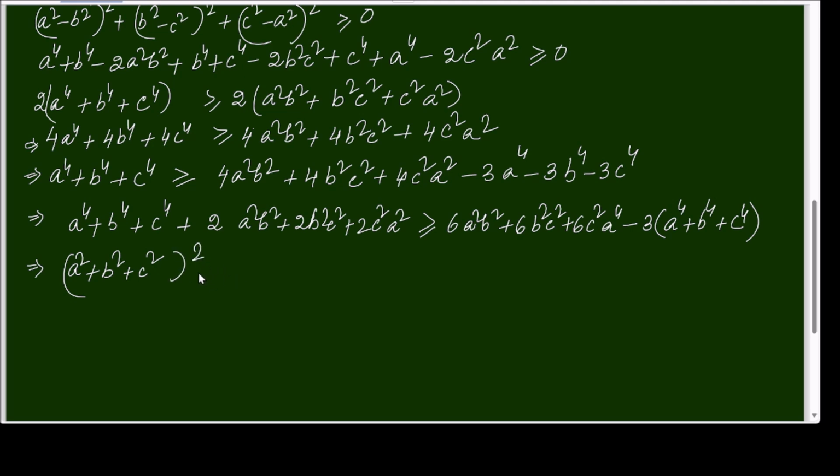And on the right side I am taking 3 common. So when I take 3 common, I'll get twice a square b square plus twice b square c square plus twice c square a square minus a^4 minus b^4 minus c^4.